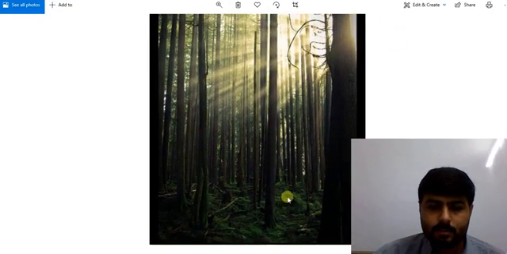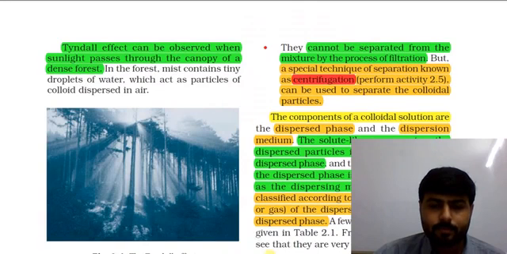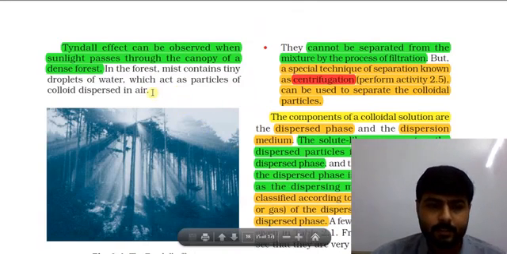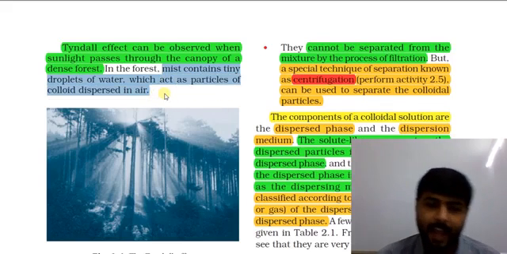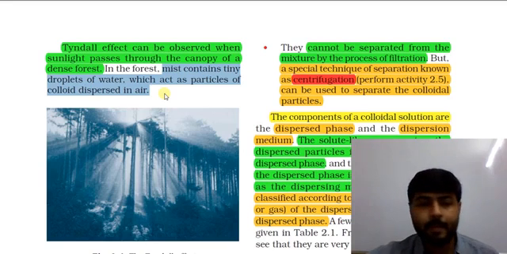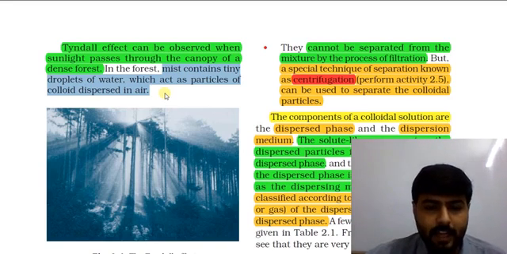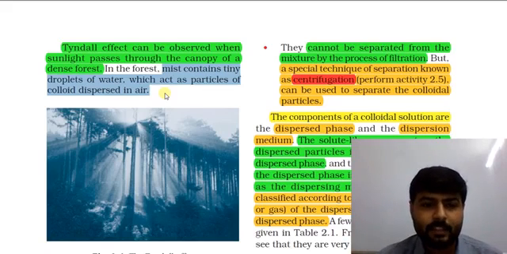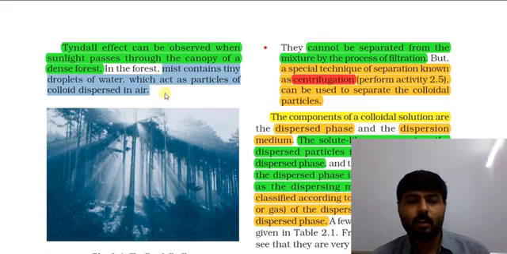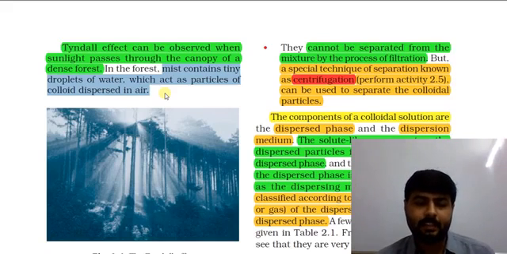So that is about the Tyndall effect. In the forest, note it, mist contains tiny droplets of water which act as particles of colloid dispersed in air. Remember this? In the forest, mist contains tiny droplets of water which act as particles of colloid dispersed in air.